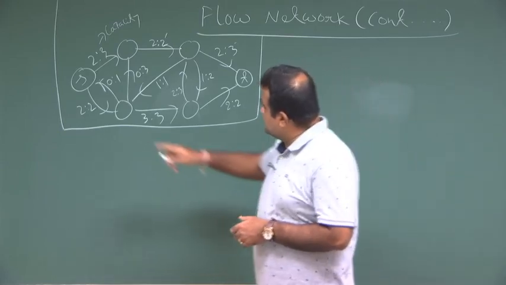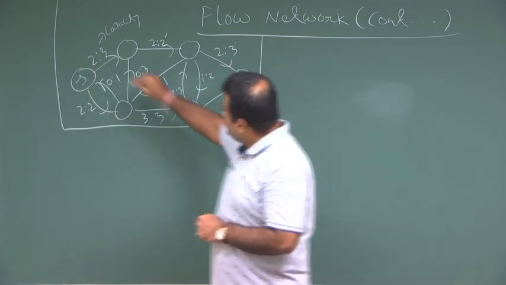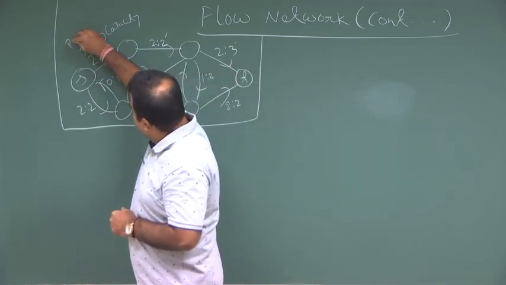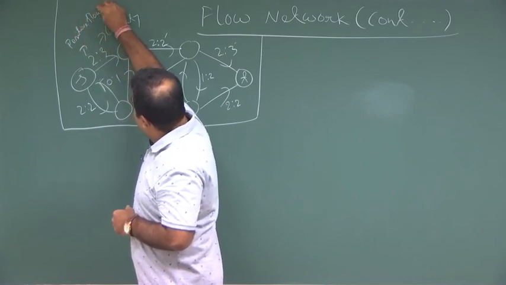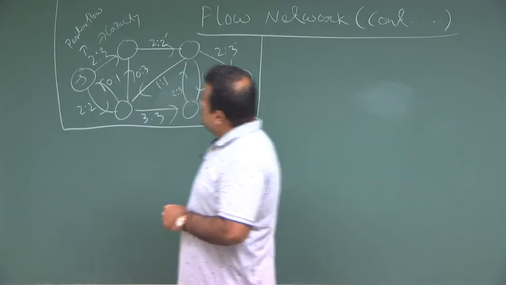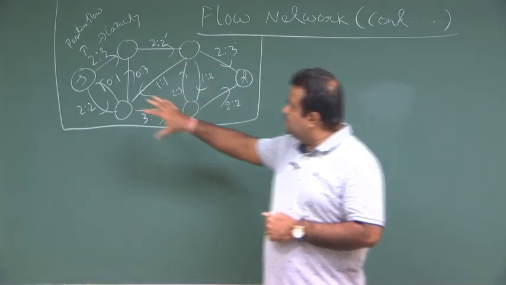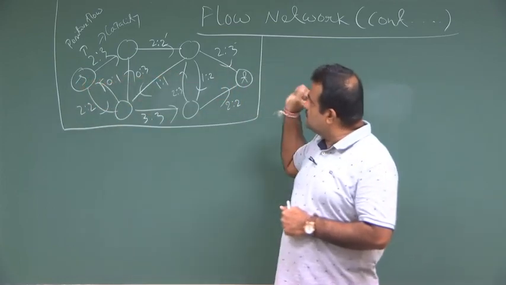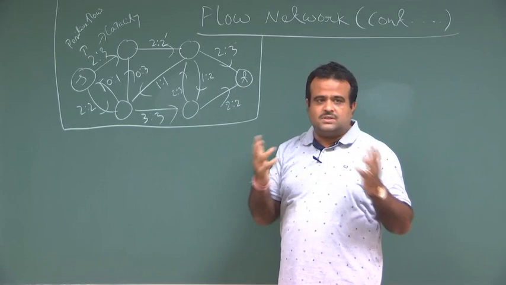Then this is the flow, the positive flow. In the last class we defined the positive flow. We want to flow some current from source to sink, so that at the intermediate vertices there will be no consumption of the current.